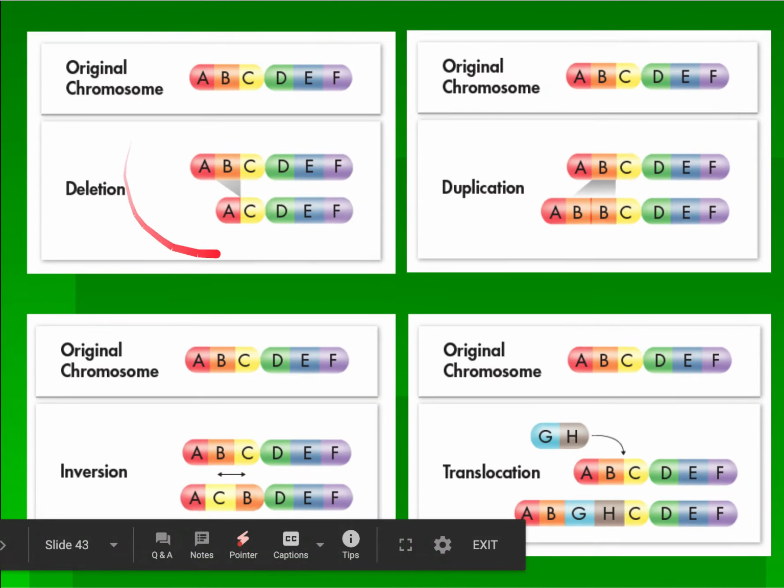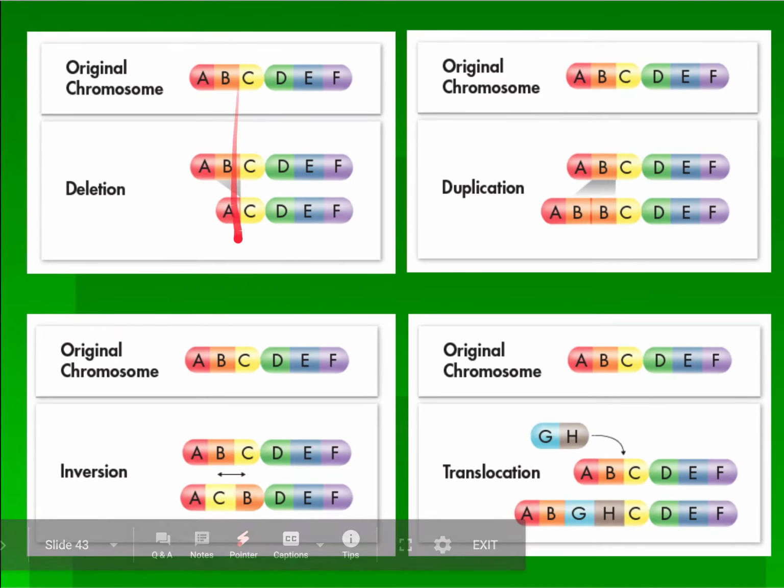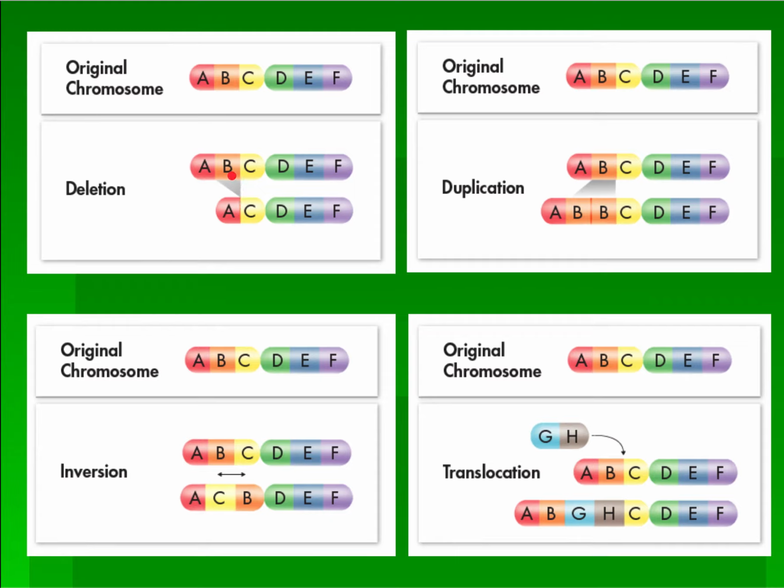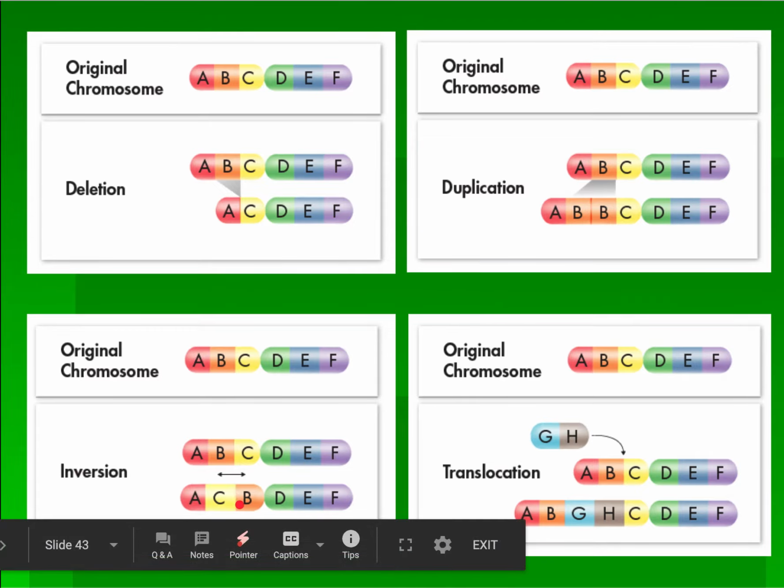So this is just some pictures in case you're a visual learner. With a deletion, you can see that B was deleted. With a duplication, you could see that B was duplicated. Made our chromosome a little longer. Now, inversion, you could see that the B and the E switch spots.